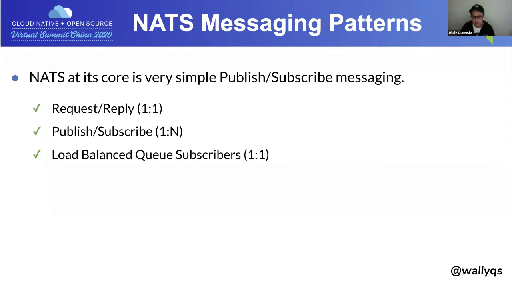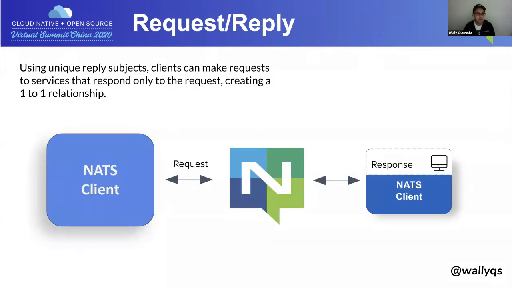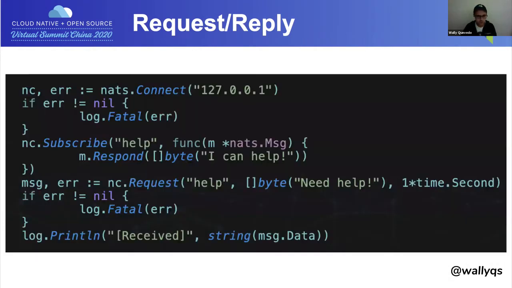And you can also enable load balancing of these subscriptions. Request-reply works by having an inbox for each one of the messages that the other subscriber can use to respond. So at the API level, you have a subscription and an async handler, and you can respond to that message.